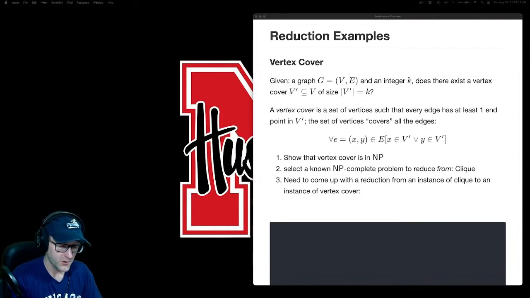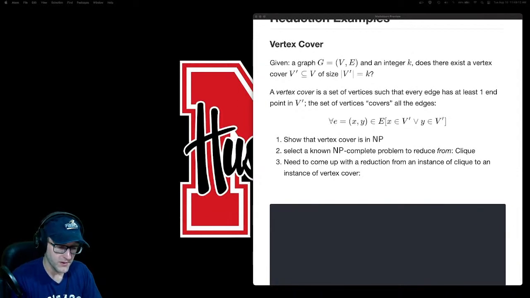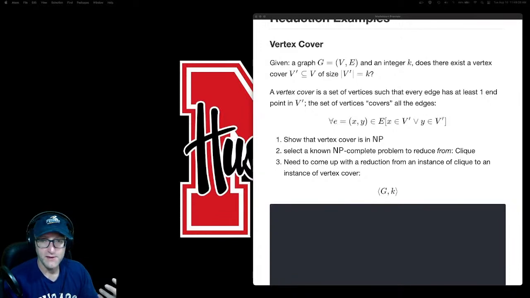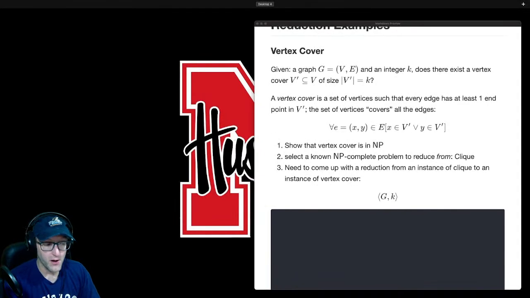I'm going to use the angle-bracket notation here. An input to the clique problem is going to be a graph G, but also an integer k. And that's going to have a clique of size k if and only if the resulting graph is going to have a vertex cover of some other size.